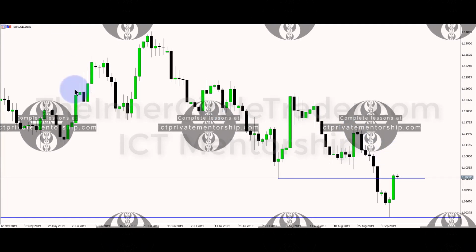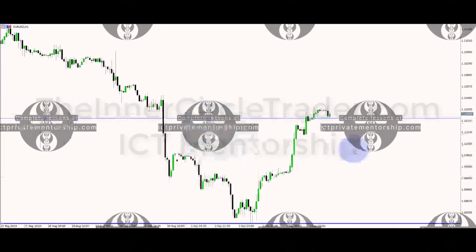If we drop down into an hourly chart, you can see how price trades down into that 109.25 level, going below previous lows, and I took a long inside of this equilibrium with the expectation that that would be very close to the smart money reversal of a market maker buy model.